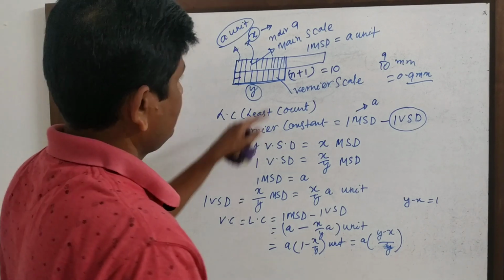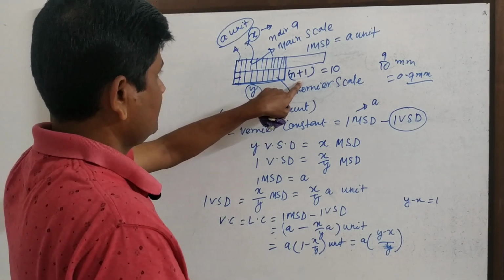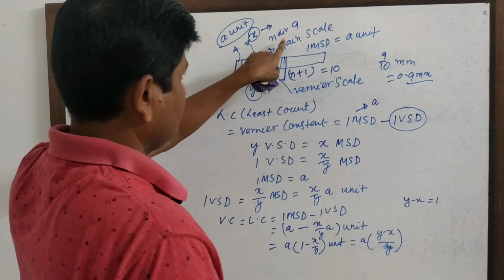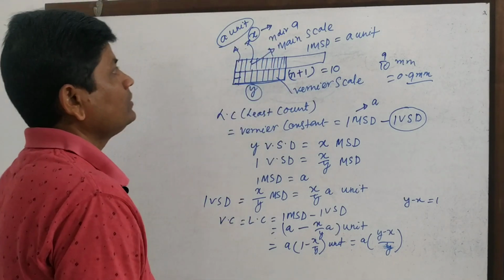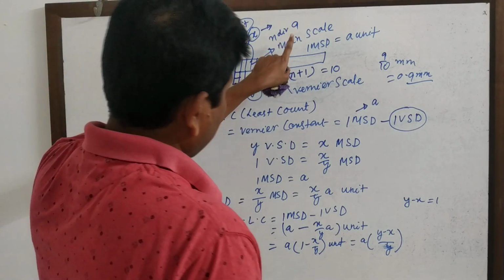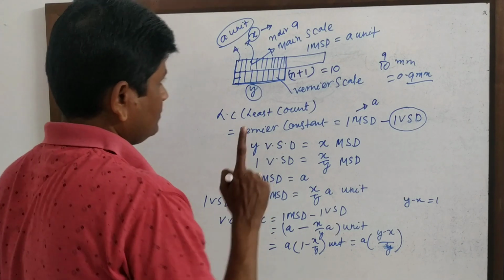And the number of divisions of the vernier scale is greater than that of the main scale by 1.